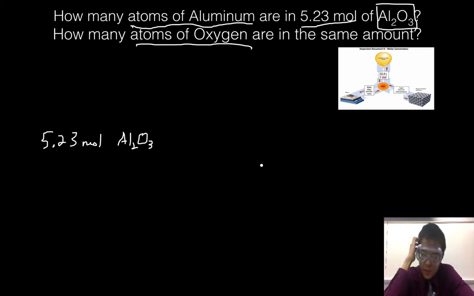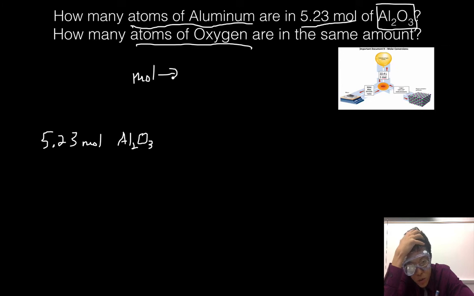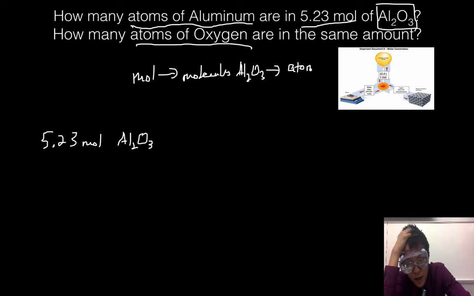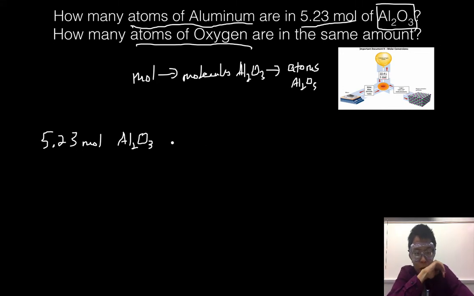And I know that I can get from moles to molecules of Al2O3, and from there, if I know the molecules of Al2O3, I should be able to get the atoms of Al. So I'm going to take my 5.23 moles. I know I need to get to molecules, so I'm taking this step here.